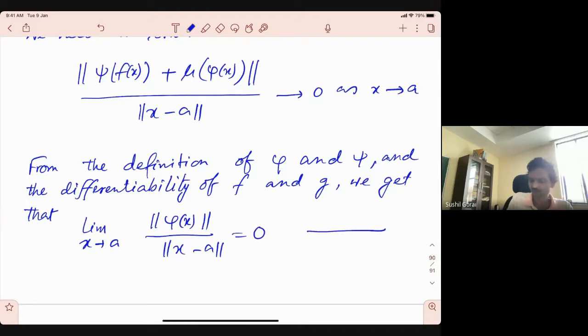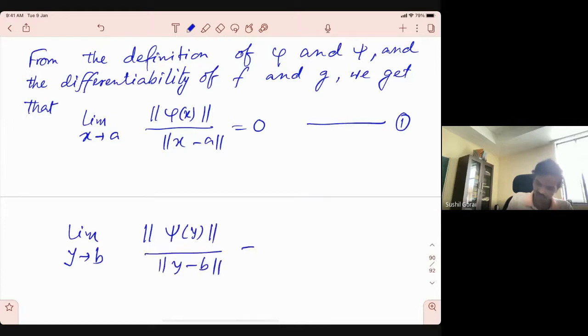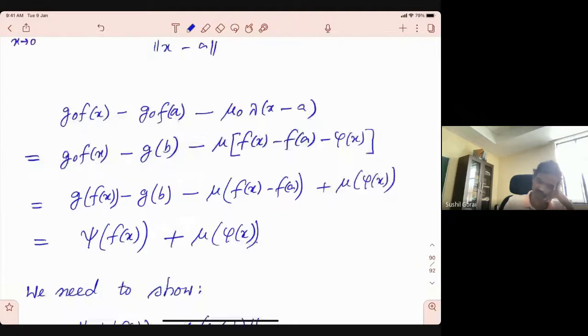Call this 1. We also get the limit as y tends to b of the norm of psi(y) by the norm of y minus b equal to 0. Is this clear?